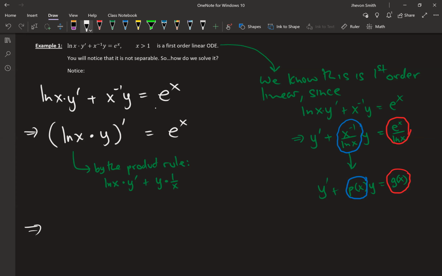Now what I can do is I can integrate both sides. By the fundamental theorem of calculus, the integral kills the derivative. And then I can actually solve for y by dividing both sides by ln.